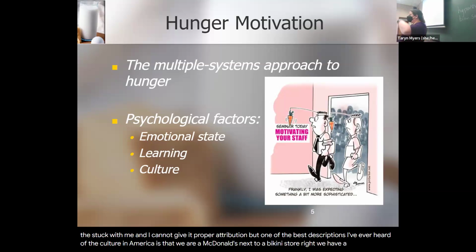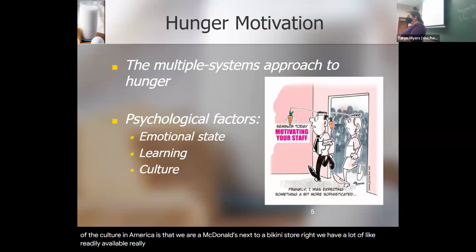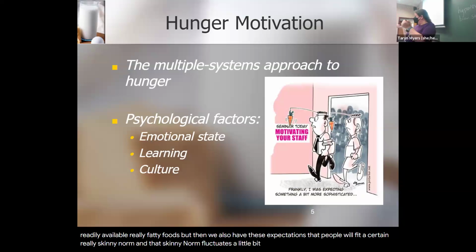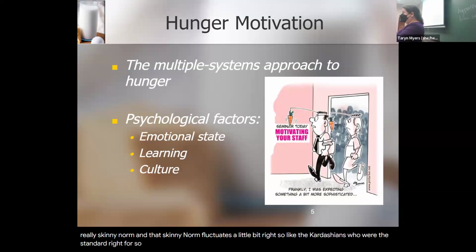Right? We have a lot of readily available, really fatty foods, but then we also have these expectations that people will fit a certain really skinny norm. And that skinny norm fluctuates a little bit, right? So like the Kardashians, who were the standard for so long, they're getting their Brazilian butt lifts undone because that standard is changing.